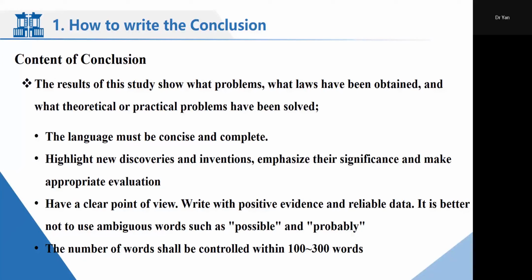It's better not to use ambiguous words such as possible and probably. And the number of words should be within 100 to 300 words. Those are some tips for the conclusion.